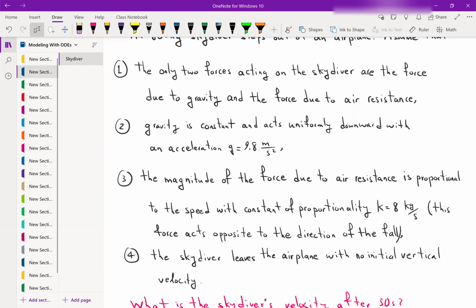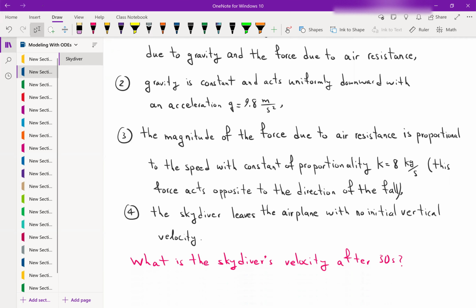And then our last assumption is that the skydiver leaves the airplane with no initial vertical velocity. So the initial velocity of the skydiver is assumed to be 0. And then the problem asks us to find the skydiver's velocity after 30 seconds. So that is what we want to do.